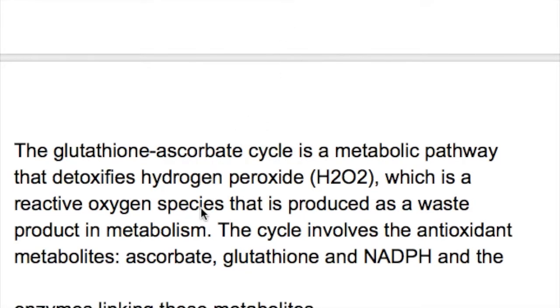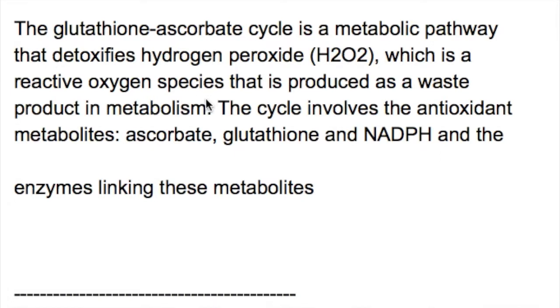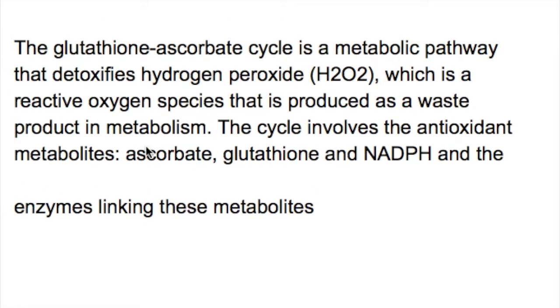The glutathione ascorbate cycle is a metabolic pathway that detoxifies hydrogen peroxide, which is a reactive oxygen species that is produced as a waste product in metabolism. The cycle involves the antioxidant metabolites ascorbate, glutathione, and NADPH, and the enzymes linking these metabolites.